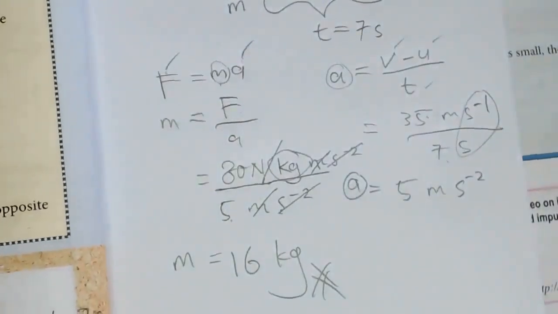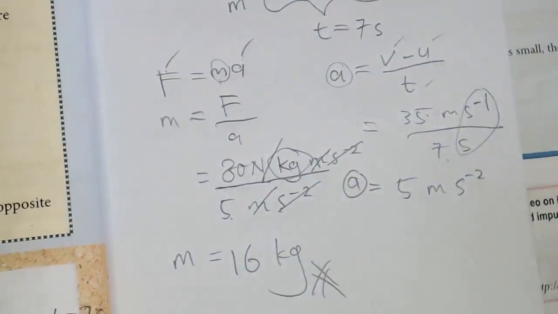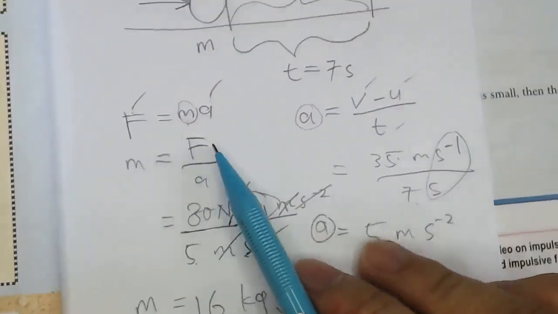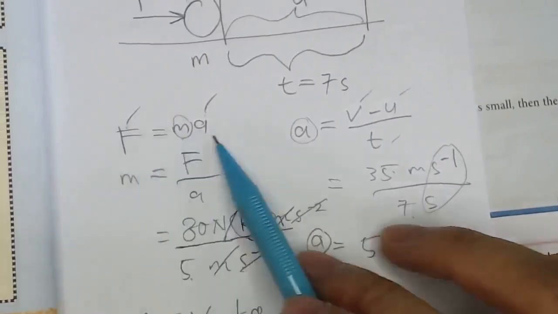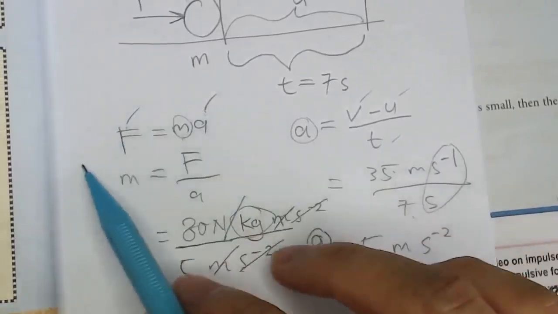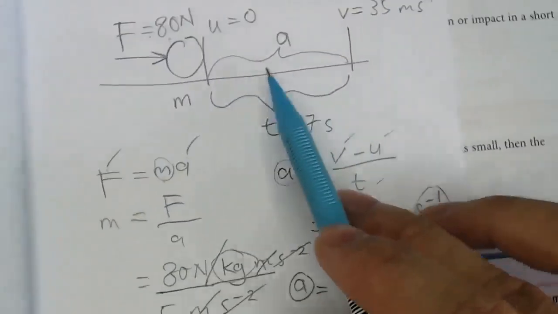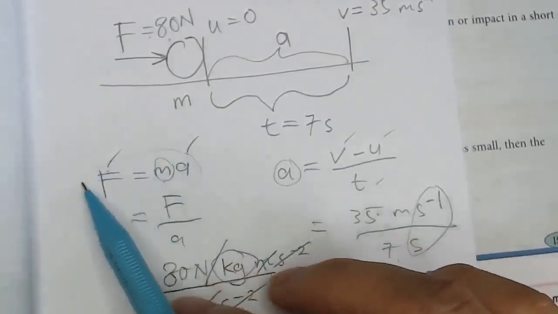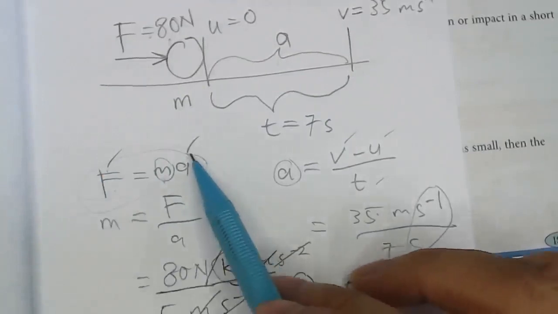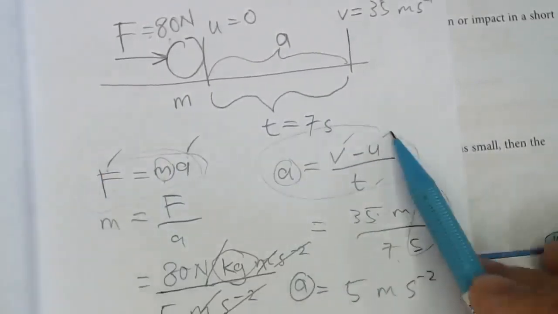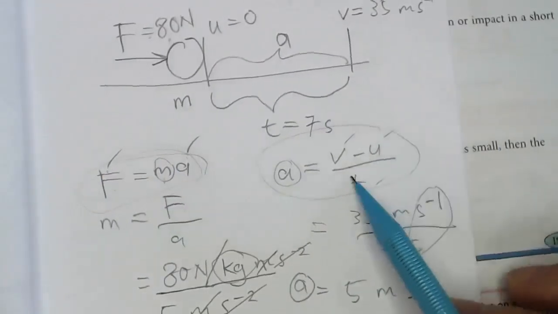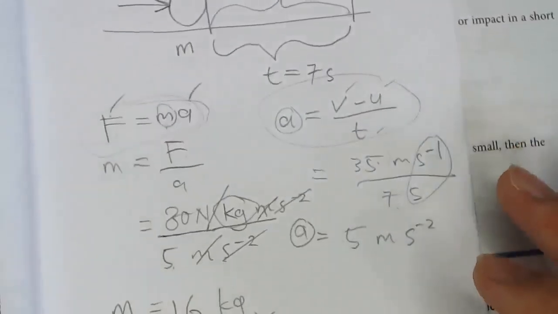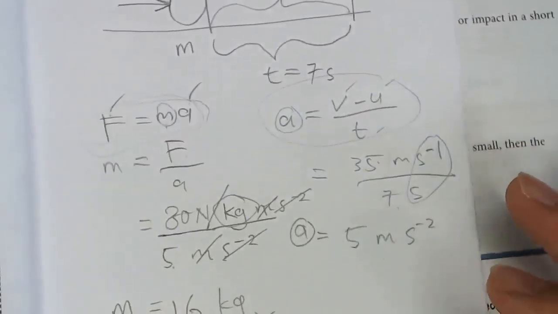Now you got the idea. So you see, the idea is you kind of need to combine. In the story, sometimes we need to combine all the formulas. F equal to MA, A equal to V minus U over T, and those 4 linear motion equations.